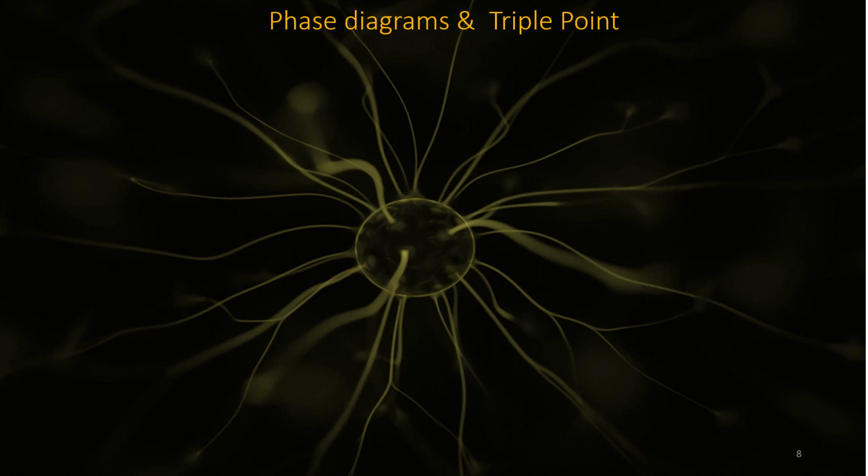Phase diagrams and triple point. A graph between temperature T and pressure P of a substance is called the phase diagram or P-T diagram.